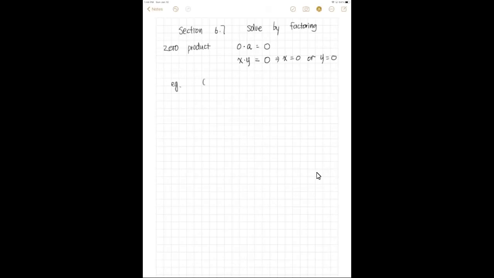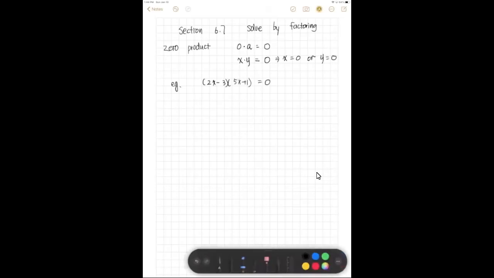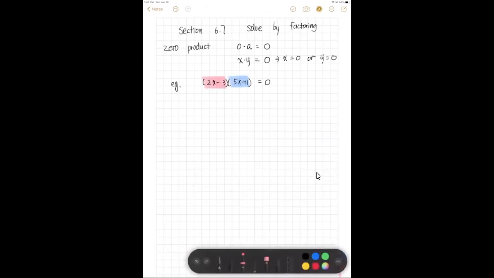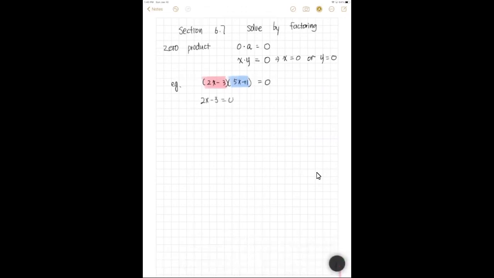For example, we have (2x minus 3) times (5x plus 1) equals 0. Look, there are two factors multiplied together equal to 0. That means either 2x minus 3 equals 0 or 5x plus 1 equals 0, so that we can solve. 2x is equal to 3.